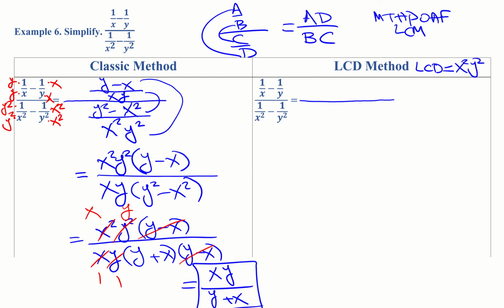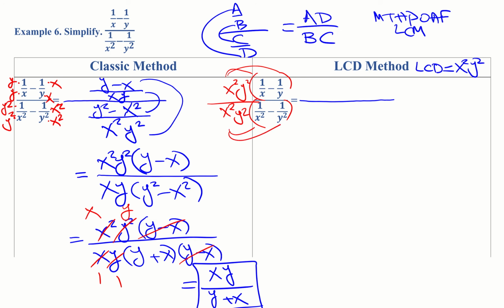So we'll go ahead and multiply the LCD on the top as well as on the bottom of this main fraction. Don't forget, there's going to be distribution involved, so we're going to distribute and distribute.